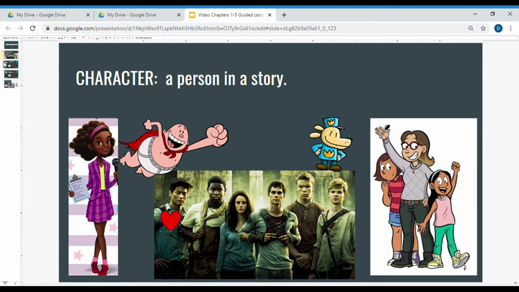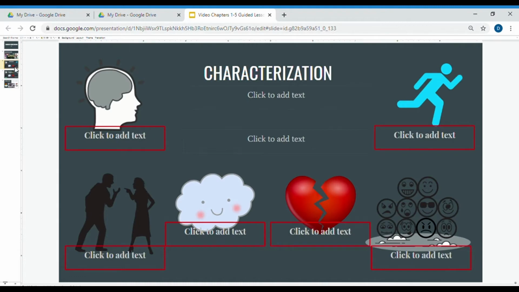So continuing to speak on character is this thought of characterization. Characterization is the process by which the writer reveals the personality of a character.